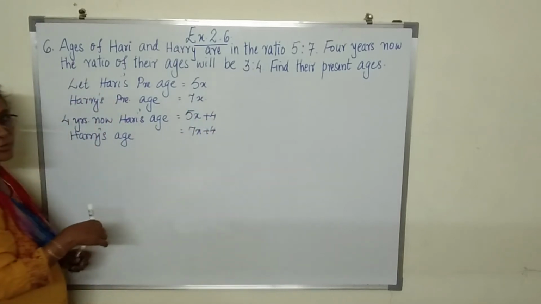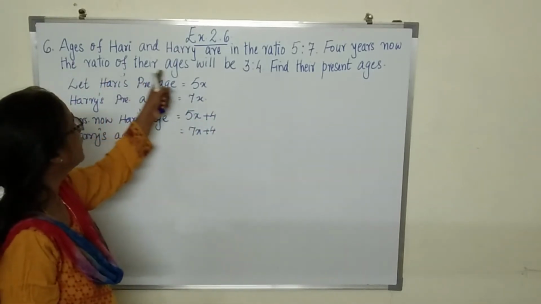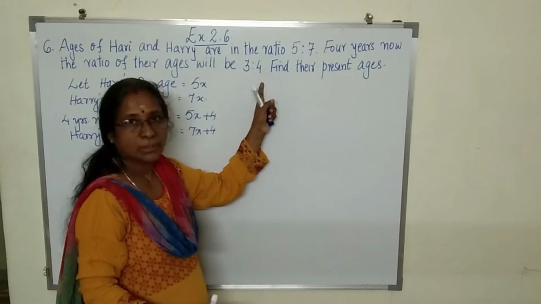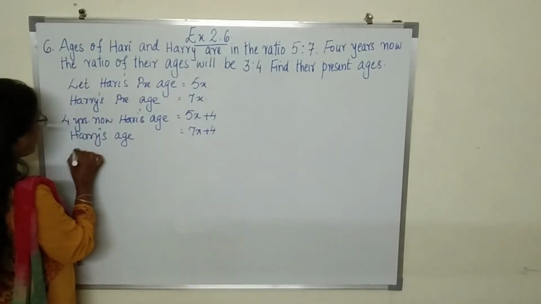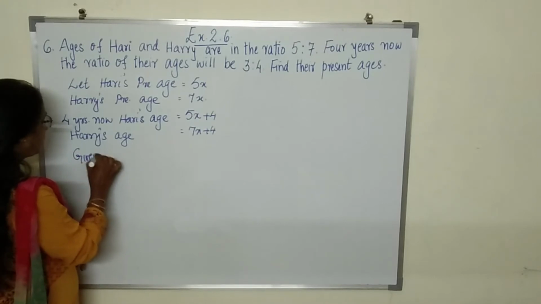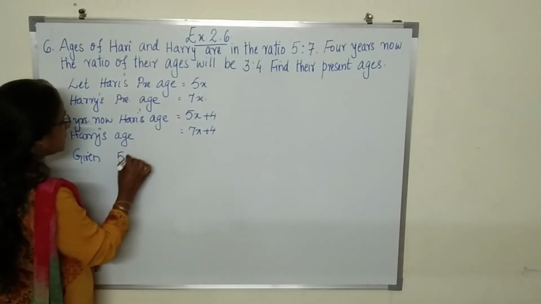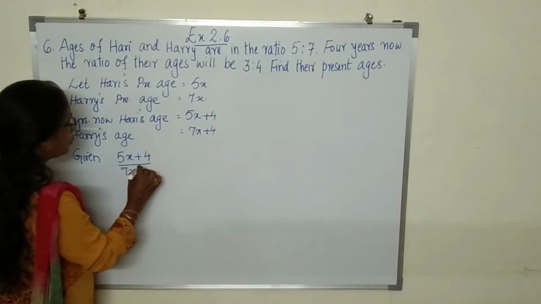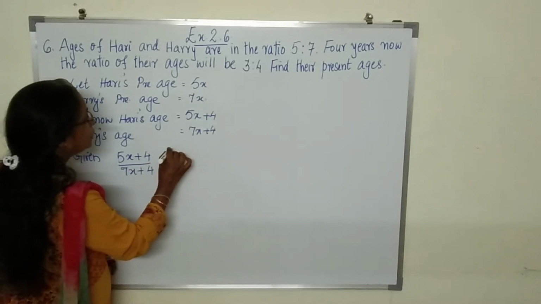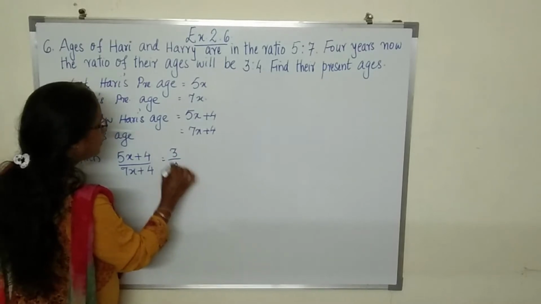Now what is given in the question? After 4 years their ages will be in the ratio 3:4. So let us find out their ratio. Given, (5x plus 4) upon (7x plus 4) is equal to 3 upon 4.